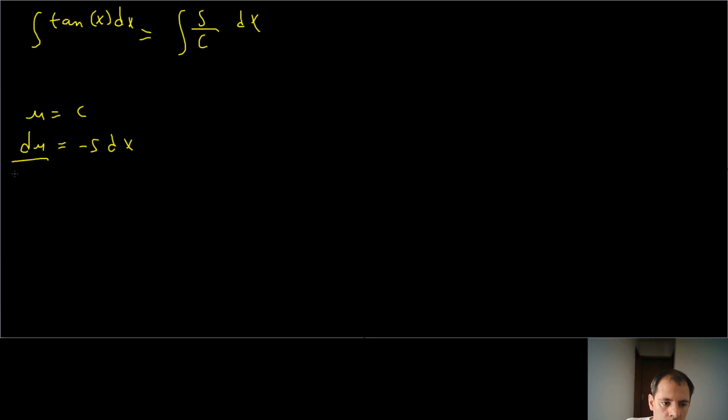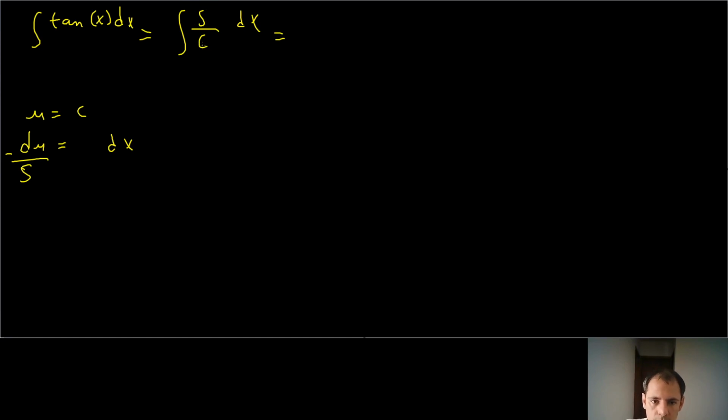So divide by minus sine, right? Okay, and you delete this from here. So you see, the derivative of cosine is the minus sine, but you have a sine in here, so you don't have to worry about it.